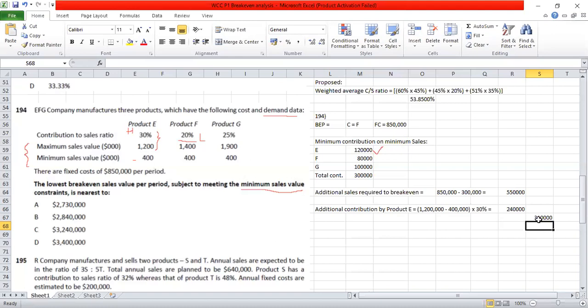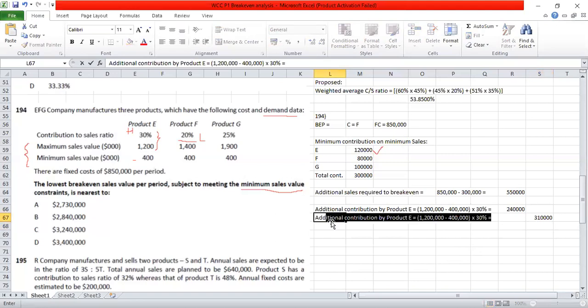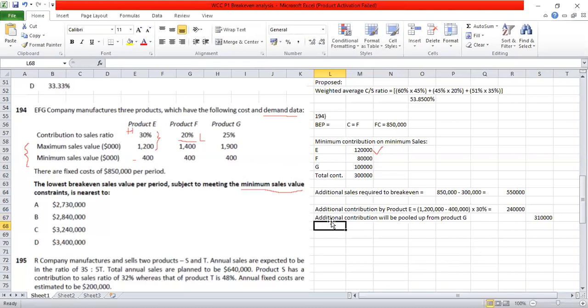We want 310,000 contribution which is expected to be earned from product G. So if that is the case, now, how many units? This 310,000 will be contributed by product G. So, which is 310,000.